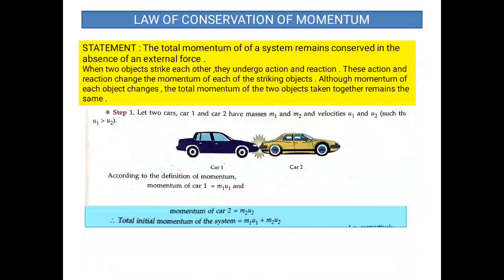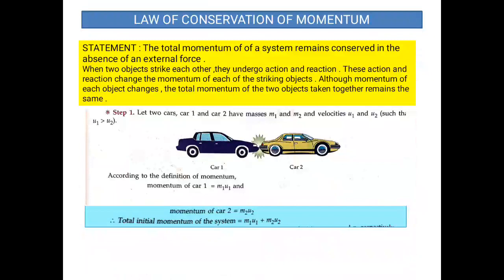Here in step 1 you can see two cars 1 and 2 with masses m1 and m2 and velocities u1 and u2 such that u1 is greater than u2. They are moving along the same straight line. The velocity of car 1 is greater than the velocity of car 2. That is why car 1 strikes car 2. That is the action force.